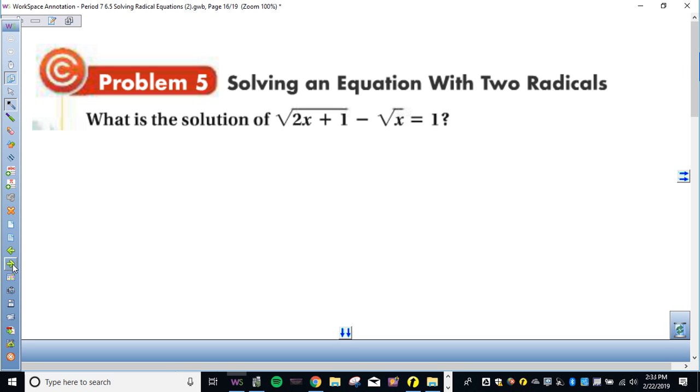They're different. Because of the +1 in here, that's why I can't do that. And if you wanted to subtract those two, you'd have to have numbers in front, like square root of x minus square root of x goes away, yes. But it has to be the same thing under the square root to be able to do anything like that. Okay? So we add square root of x to both sides.